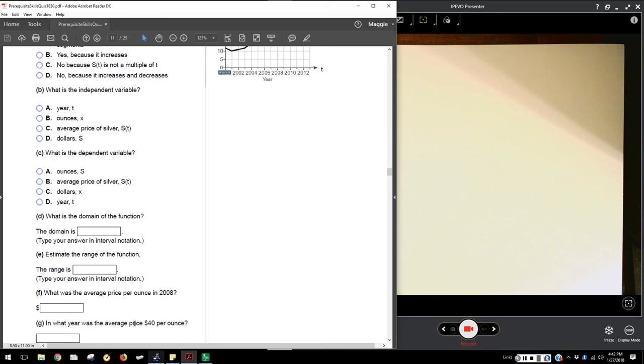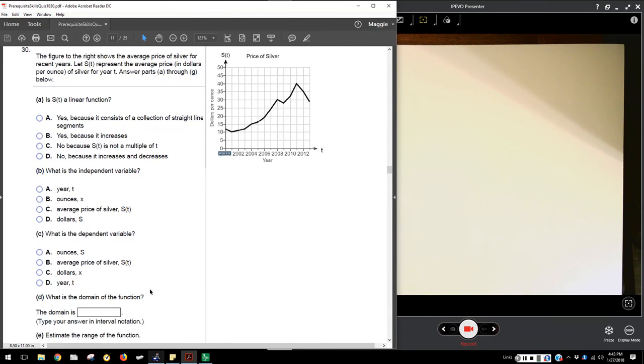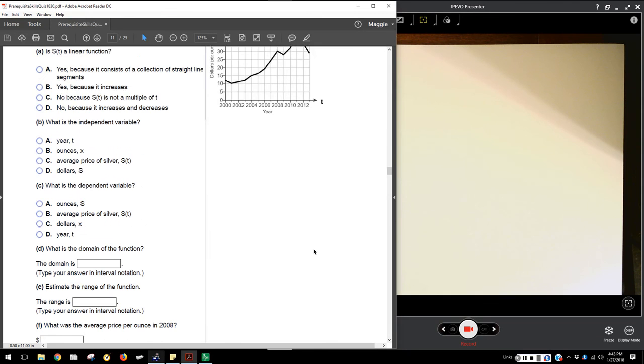In what year was the average price $40 an ounce? Since we're looking at the price of silver, we go up and see where it's 40 and read across to the function. That's the point right there, and halfway between 2010 and 2012 would be 2011. So the year would have been 2011.